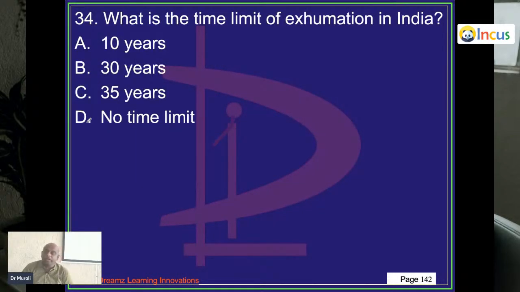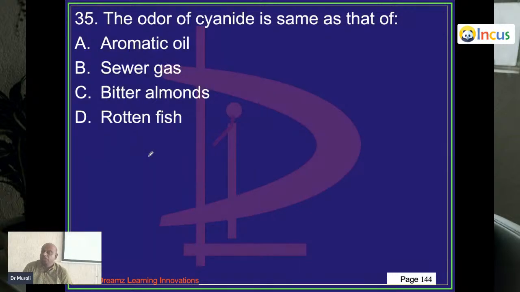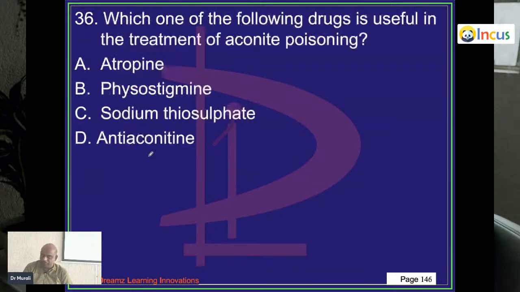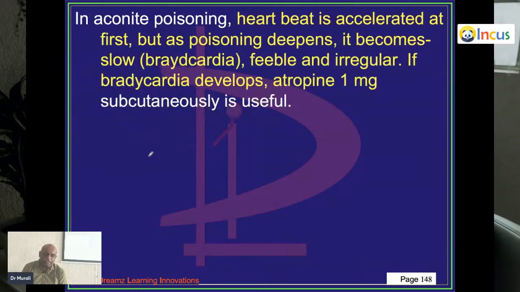Till how long can you pull out a buried cadaver in India? Anytime, whenever you are hungry, you can pull it out. No time limit. Cyanide is bitter almonds. Then aconite poisoning, we use atropine. Atropine is always vagolytic. The parasympathetic system slows the heart.